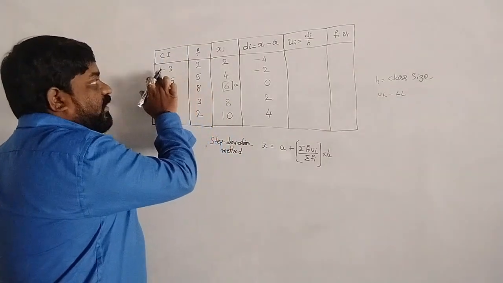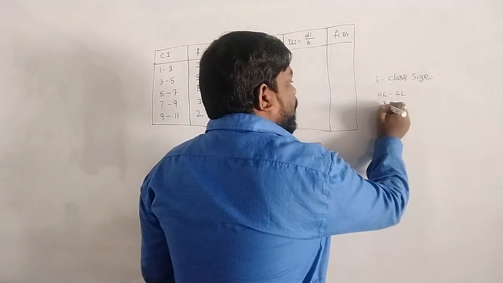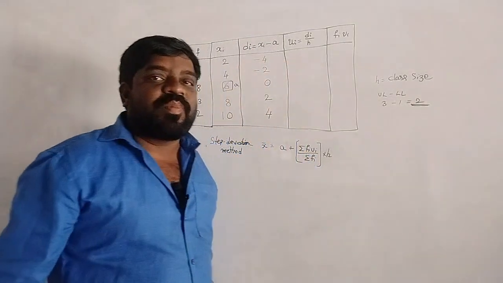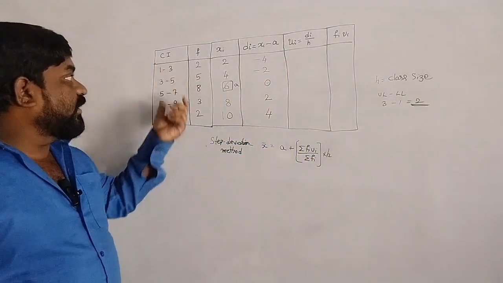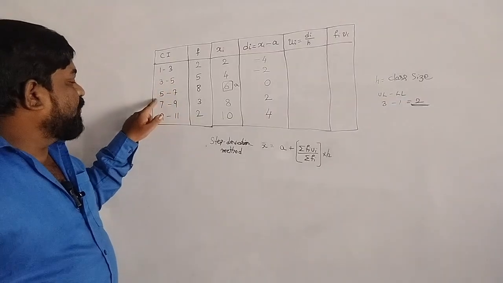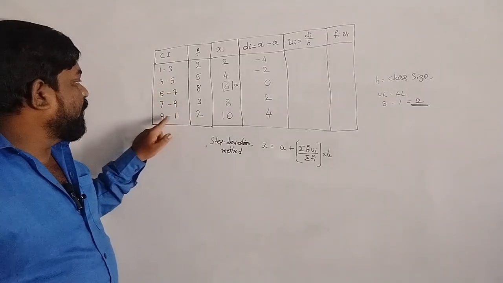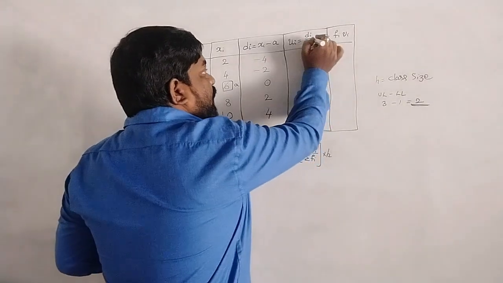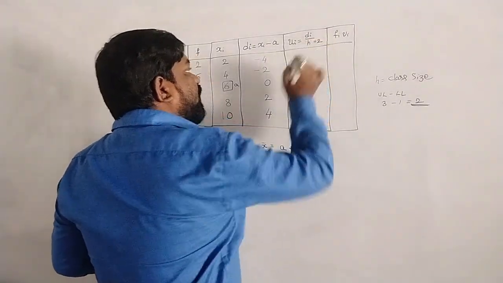So upper limit is 3, lower limit is 1. 3 minus 1 is 2. The class size is 2. Since it is regular data, you can see here 5 minus 3 is 2, 7 minus 5 is 2, 9 minus 7 is 2, 11 minus 9 is 2. So the class size is 2. Here the value of h equals 2.